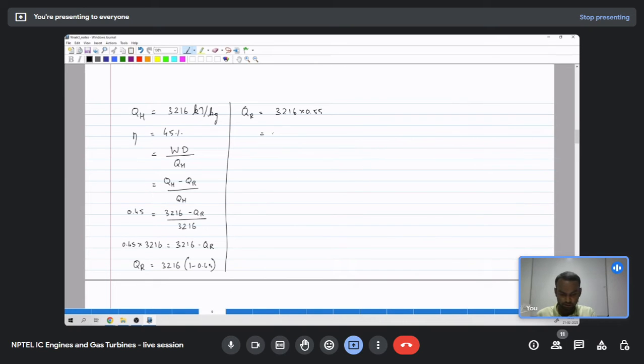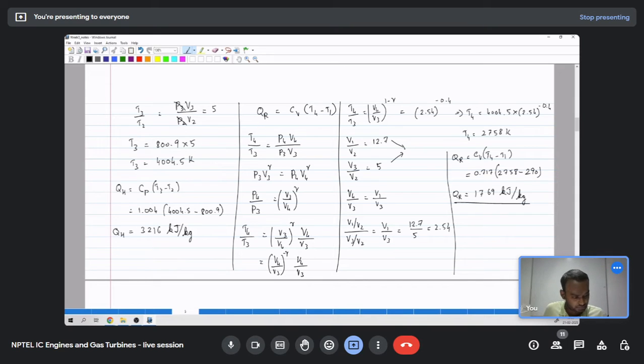Yes, so that is again 1769 kilojoule per kg. So this is another way by which we can find the QR, and both we see it is matched.